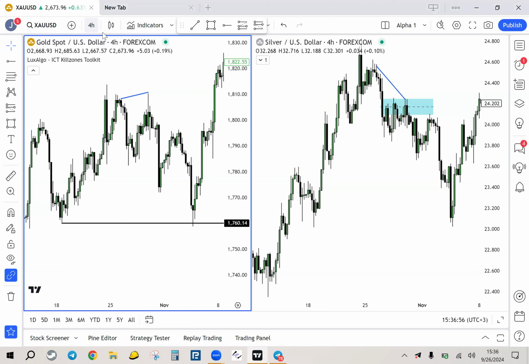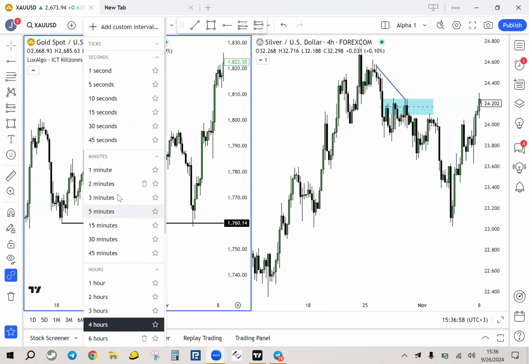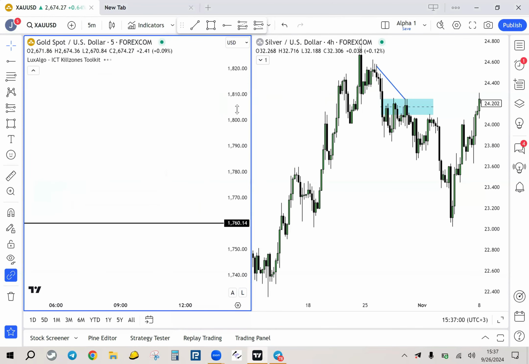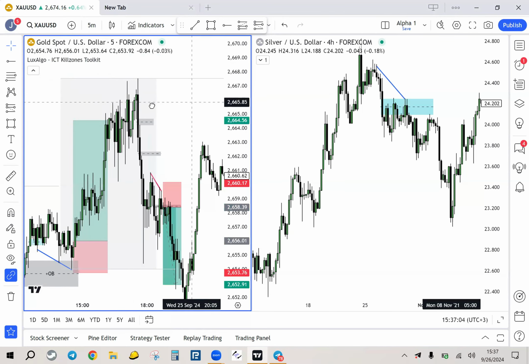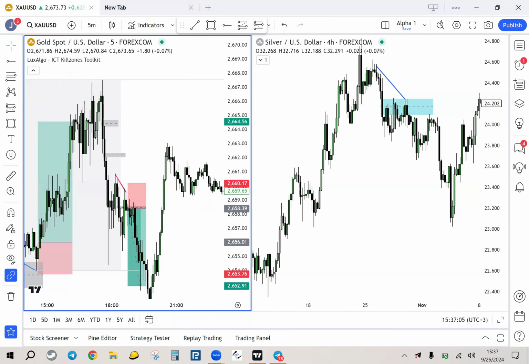Like, for example, if we go right now on, let's go to the 5 minutes. Okay, I haven't looked at gold more than, I think, 10 minutes before I actually started this conversation with you guys. I should have something which says remove drawings.